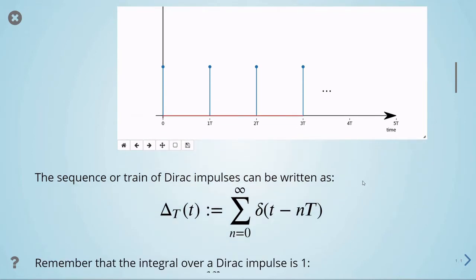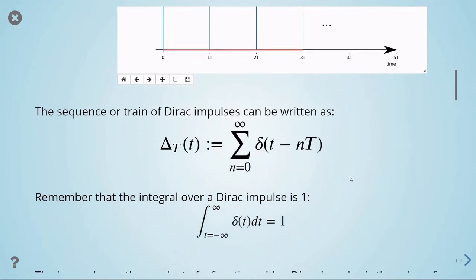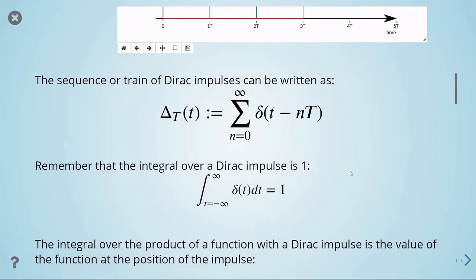This train of Dirac impulses can be written with this equation here. We will indicate the train of Dirac impulses as delta_T, which is the summation of Dirac impulses at time t minus n times capital T. Let's remember that the integral over a Dirac impulse is equal to 1.